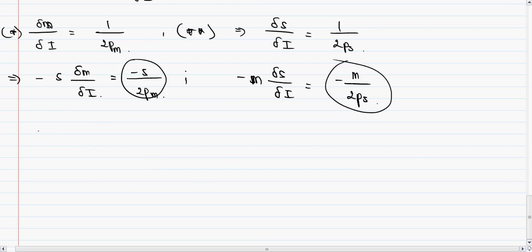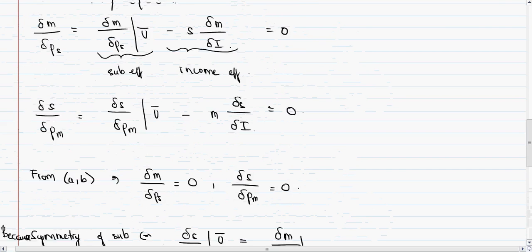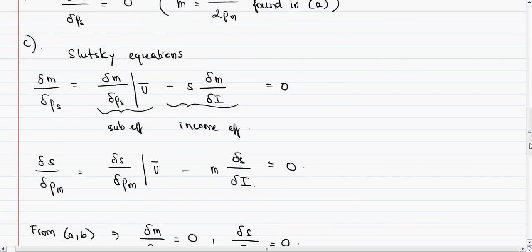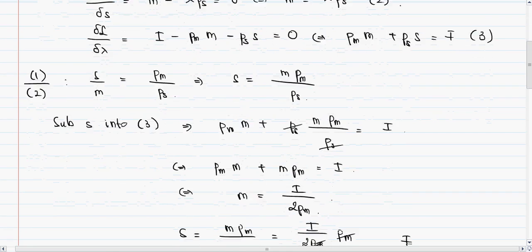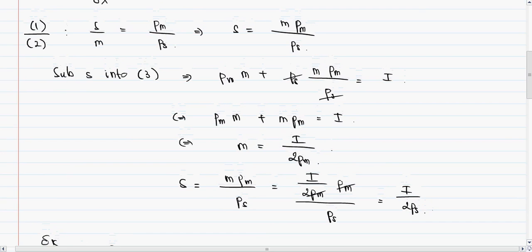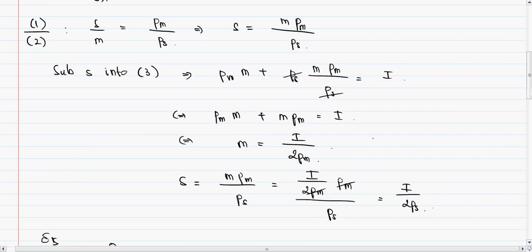Now, by using the optimal condition from part A, if I go back to my part A over here, this is my optimal condition.